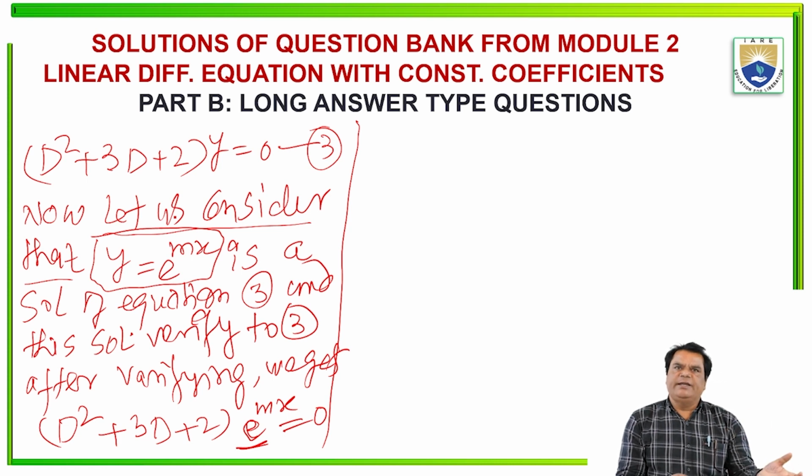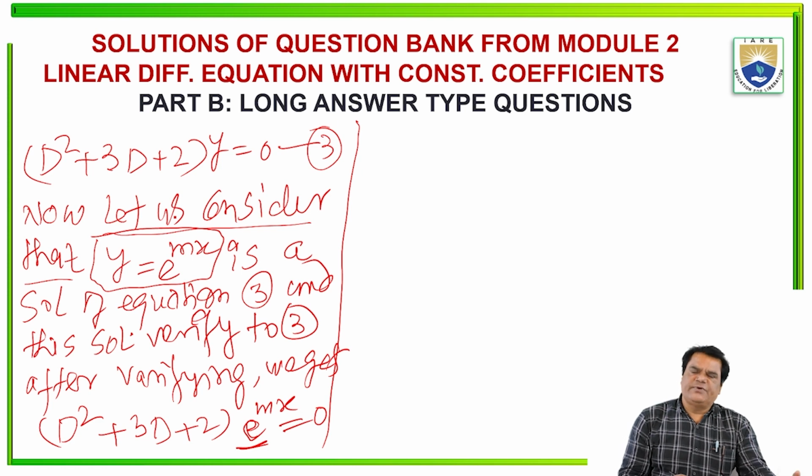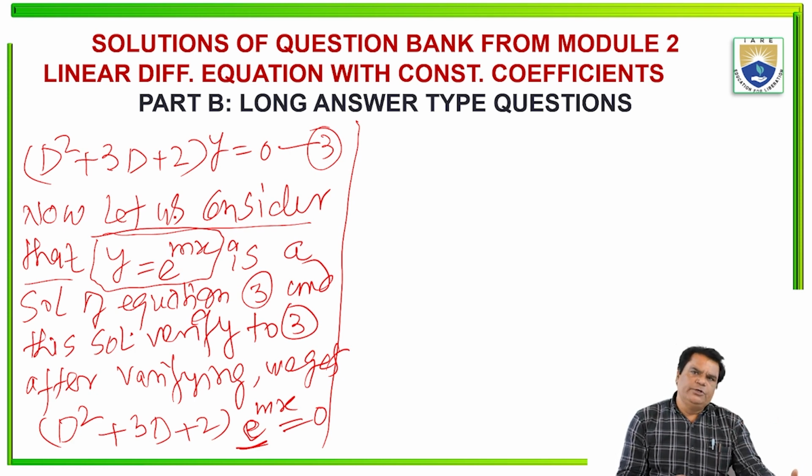So I am considering y equal to e to the power mx as some solution of this differential equation 3. Then this solution verifies equation 3. After verifying means putting y equal to e to the power mx in equation 3, we get equation 4.